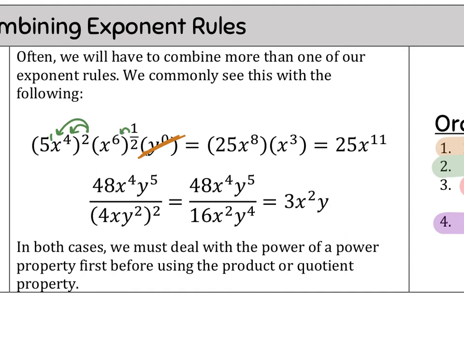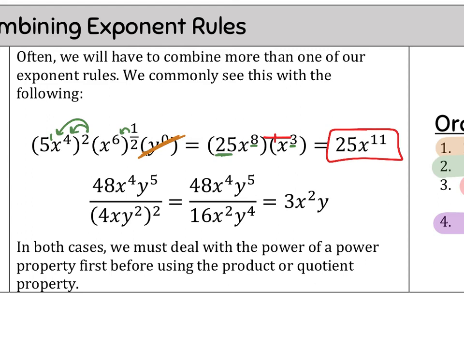Well, 5 to the 1 times 2, that's 5 squared. 5 squared is 25. 4 times 2 is 8, that's where this 8 came from. 6 times 1/2, half of 6 is 3. That's where this number came from. The very last thing that we do is we add these two numbers together since we're multiplying those bases. 8 plus 3 is 11, so I get 25x to the 11th. There's no negative exponent, so there's nothing I have to clean up.